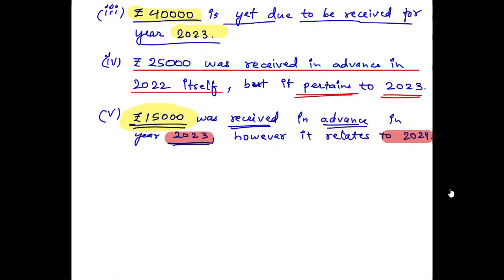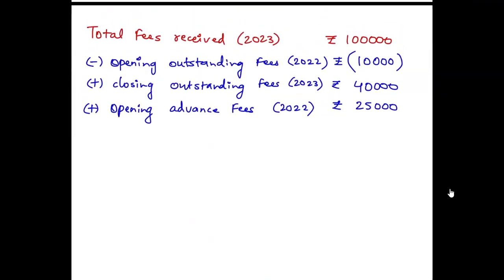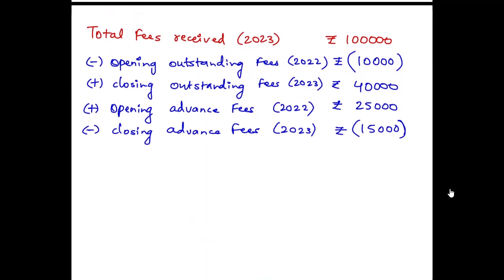So obviously, if it belongs to following year, it should not be included in my 1 lakh. So what I will do, I will deduct the closing advance received, which is received in 2023, but it belongs to 2024. So that amount would be 15,000 rupees. It will be deducted. So what is my net amount, which should be recognized as revenue? That is my answer.